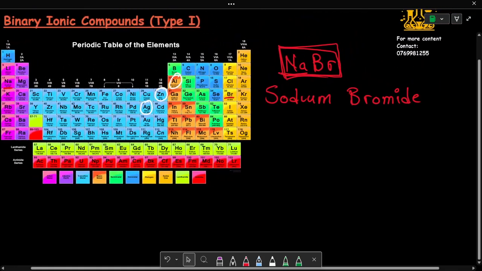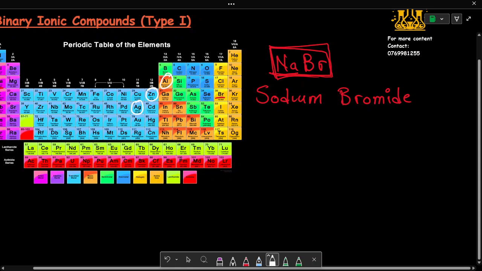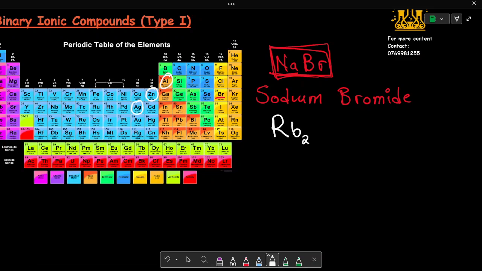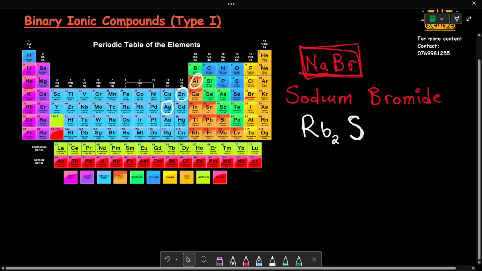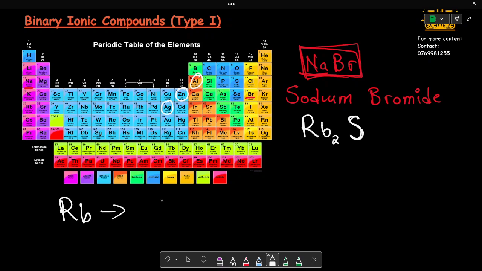Let's look at a different example. What if you had Rb2S? Okay, so you go to your periodic table. You find Rb first. Where is Rb? Rb is in group 1, and the name of this metal is rubidium. What about S?